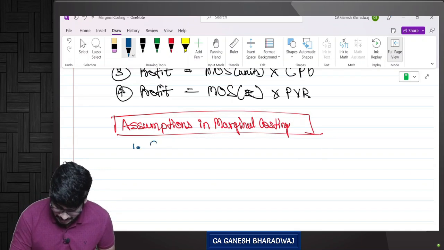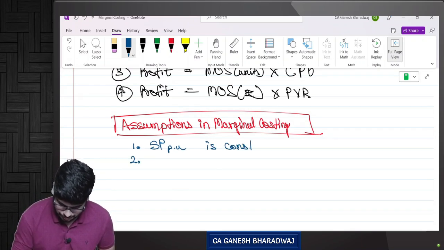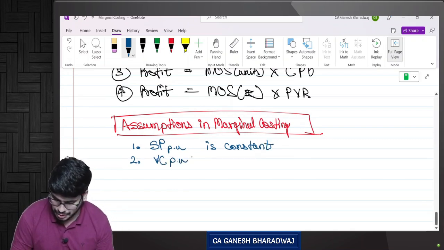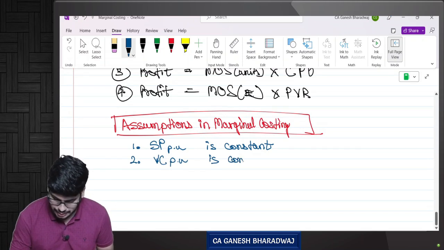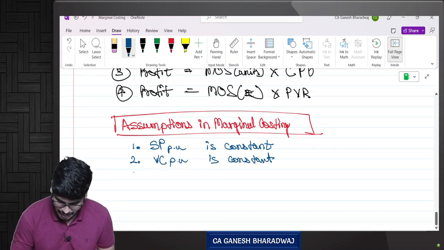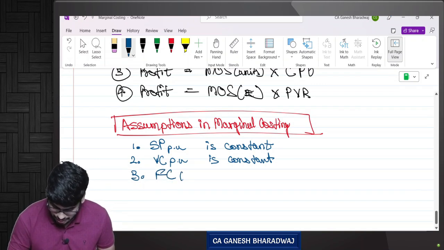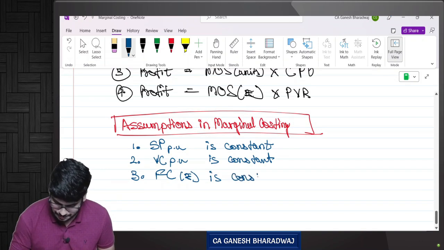Number 1, selling price per unit is constant. Next, variable cost per unit is constant. And number 3, fixed costs in value, in total, is constant.